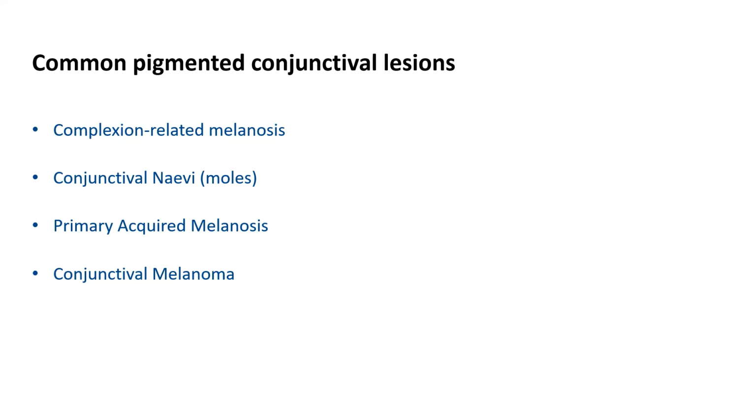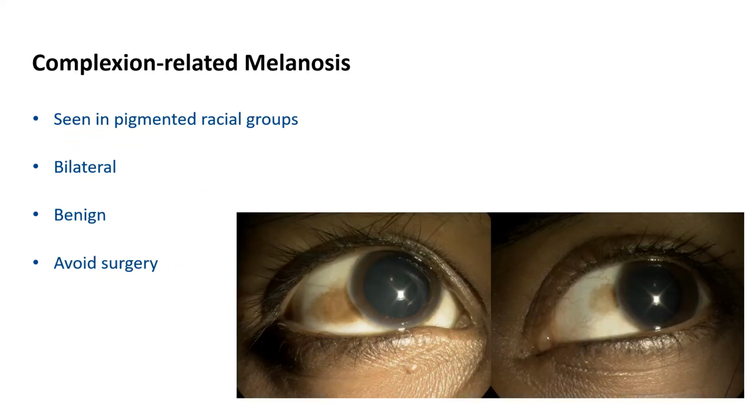I thought we should really start with just talking about a few of the common pigmented conjunctival lesions. Melanoma is the least likely diagnosis in this category. Much more common in the population is complexion-related melanosis.